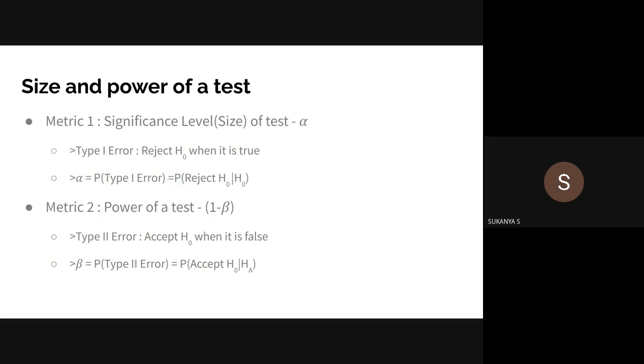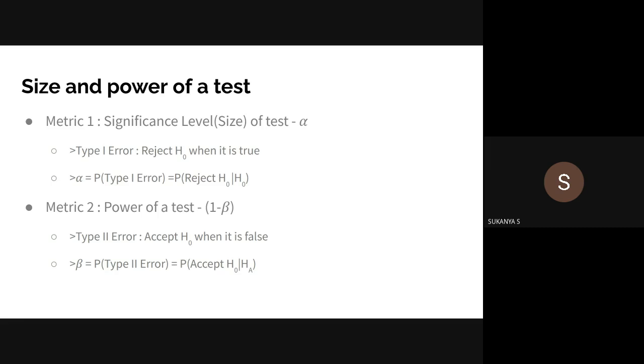Very similarly, the second metric goes by type 2 error. That is, you are accepting a null hypothesis when you know it's false. Okay, you are accepting a false hypothesis. Now, if you compare it to the other scenario, you are accepting a bad product into your lot or a defective product into your lot. This is called the type 2 error.